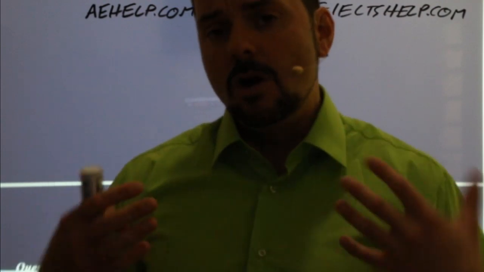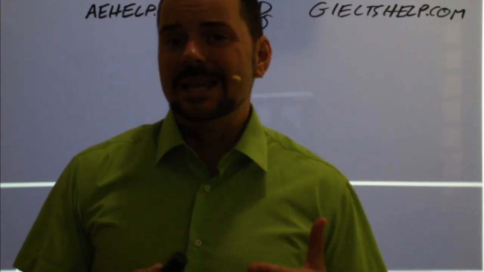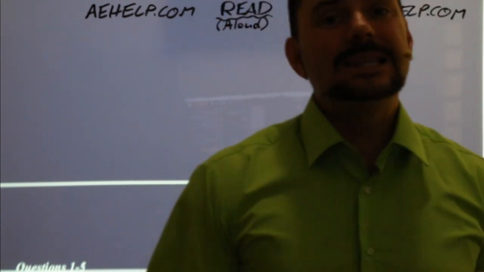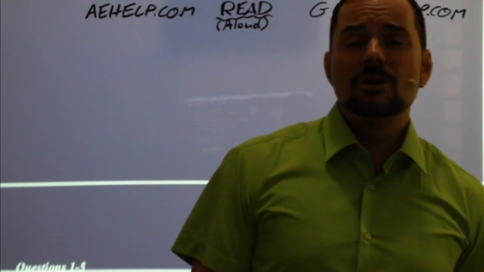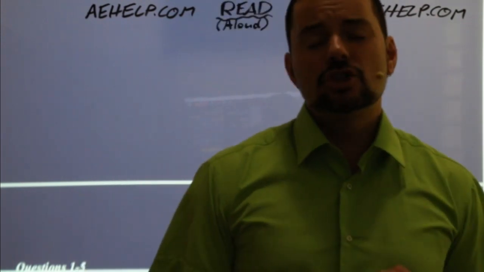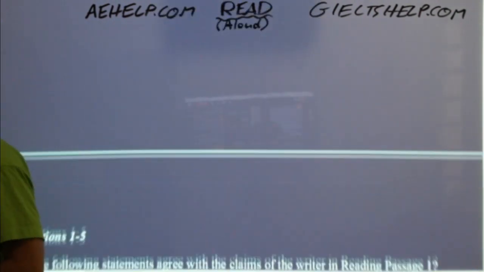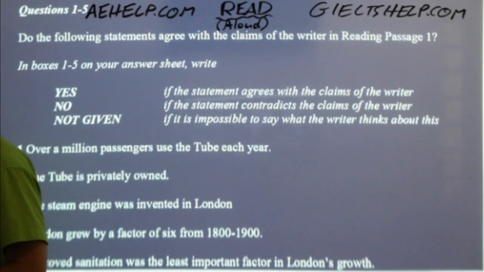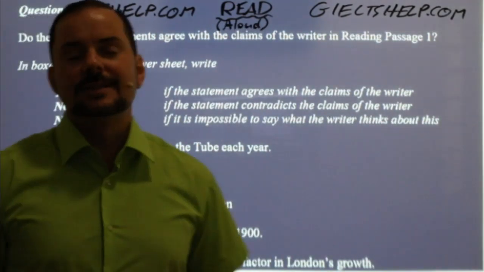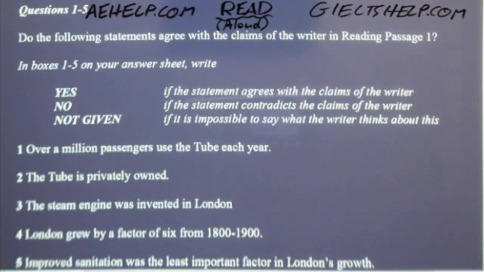Now, if you're calm and focused, you can spend quite a bit of time reading this passage in that 10 to 12 minutes, which leaves you at least 7-8 minutes to answer the questions. That's about 45 seconds per question. That's a lot of time. For the questions, you shouldn't have to spend 45 seconds on each question. All right. So now the next step, of course, is answering the questions. And that's what we're going to do now, together.